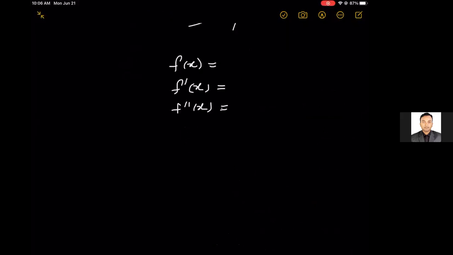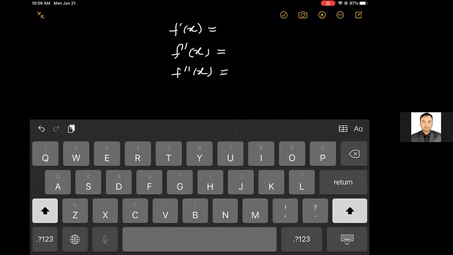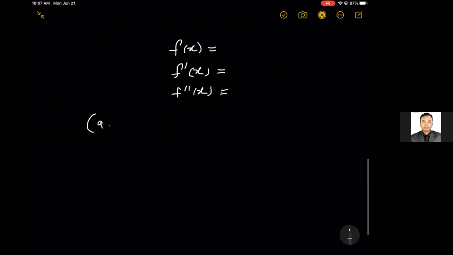Instead, on some occasions, only the information will be given that, hey, for your function, whatever it is, in this interval, let's say from A to B, it will be increasing but concave down. For example, I'm just setting up an example.